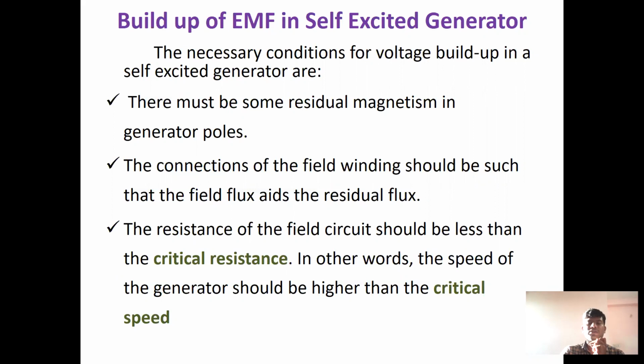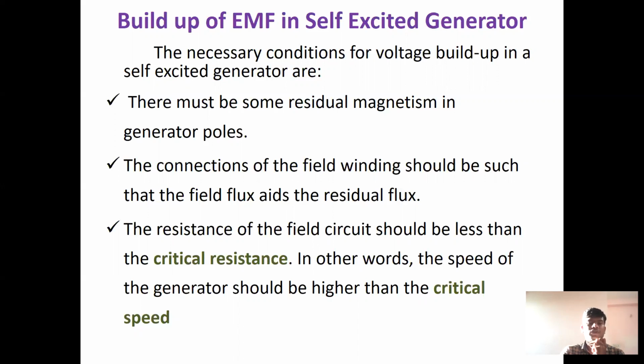If we take a DC shunt generator or series generator or any self-excited generator, and there is no field current, that would mean there is no armature voltage and no speed of the generator. But in the self-excited generator, even if there is no field current, it has some armature voltage.